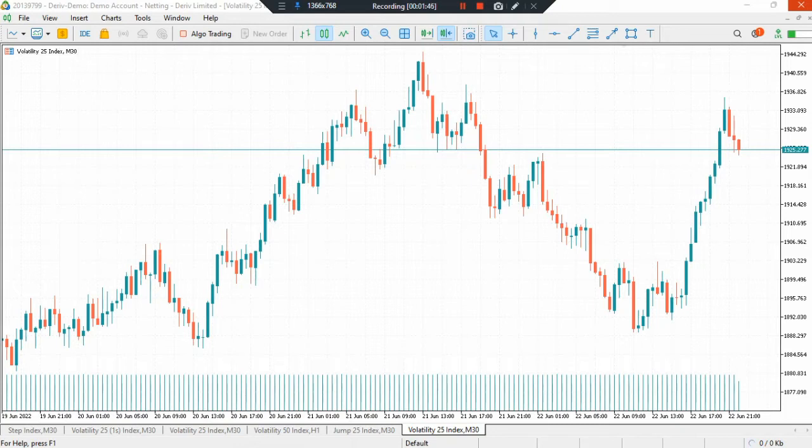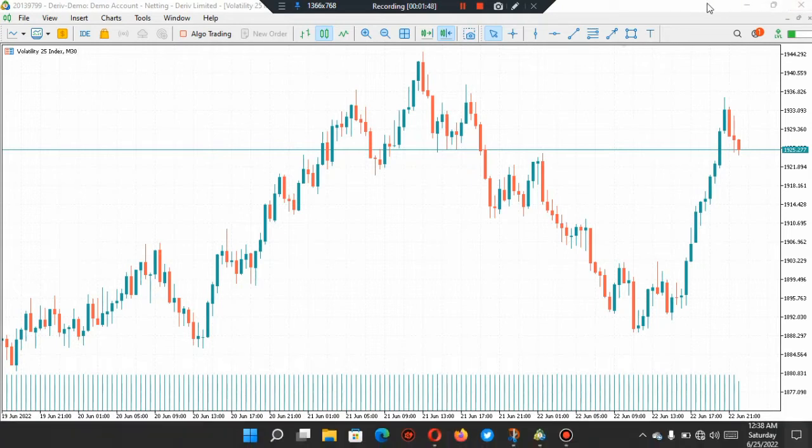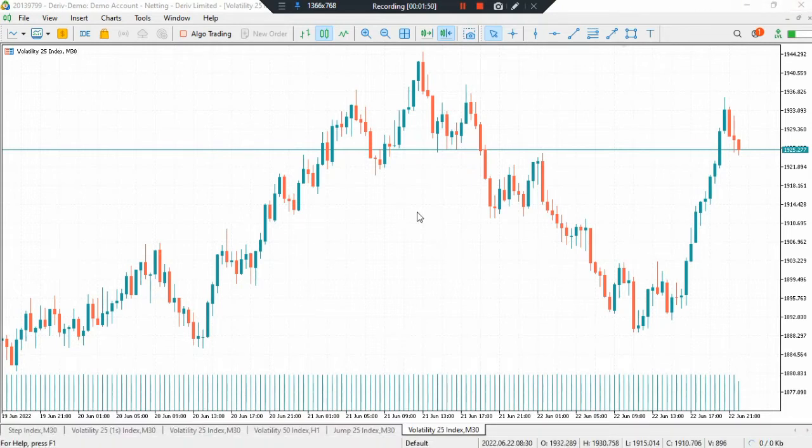So what I have is the Volatility 25. As you can see right here on this chart, if you look at this area around here, and also this area, and also this area. Okay, let me do this.